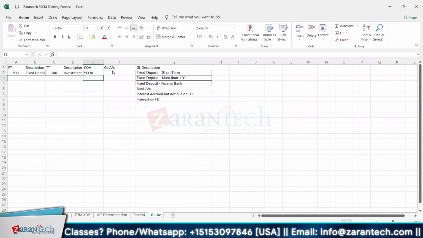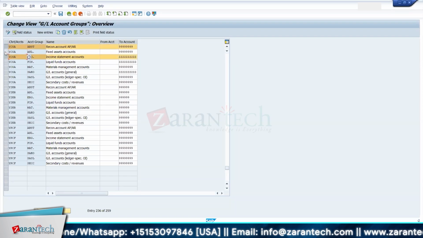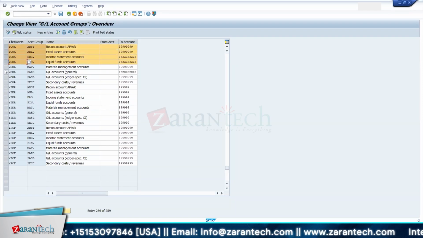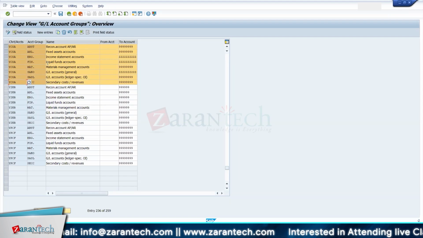YCOA. Okay, so here you can see we have recurrent account, fixed assets account, income statement, liquid fund, material management, GL account general, ledger specific, secondary. Okay, it means if you see my fixed assets account, liquid fund account, normally I will create the GL account under liquid fund account.